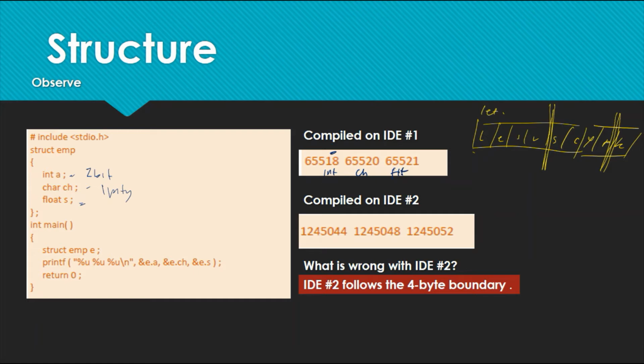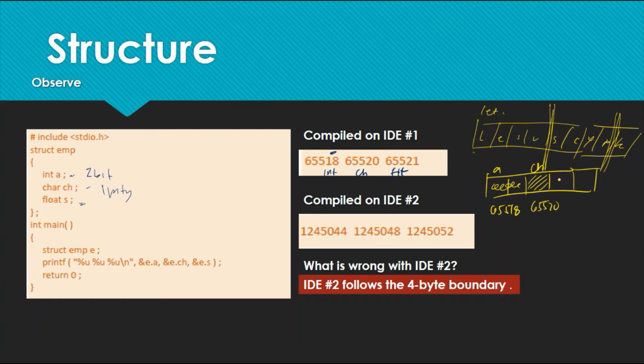If we draw it, it looks like this. Integer A is at 65518. Since this is 2 bits, the next is CH, which is 1 bit, at 65520.